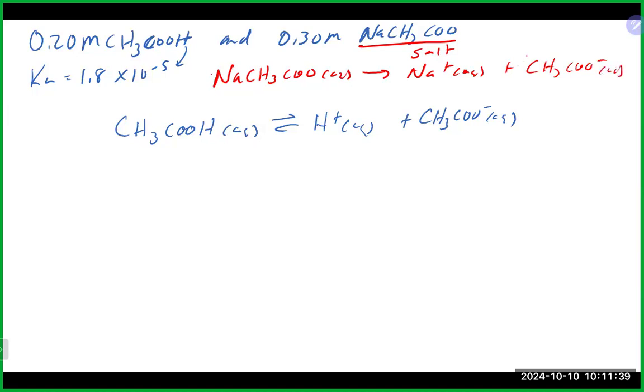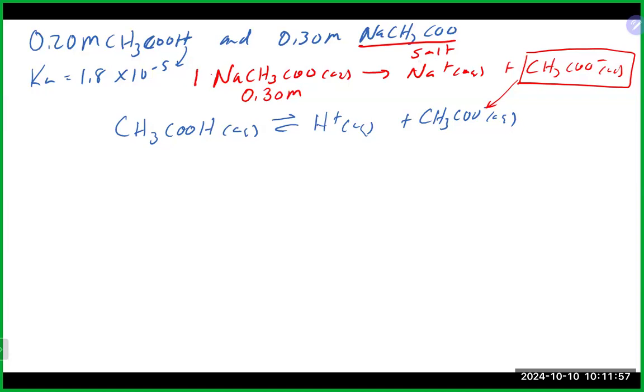So this is going to be a common ion type problem as the sodium acetate is going to supply some more acetate to this equilibrium. And we can figure out how much acetate by, again, understanding how molarity works, which hopefully you do.